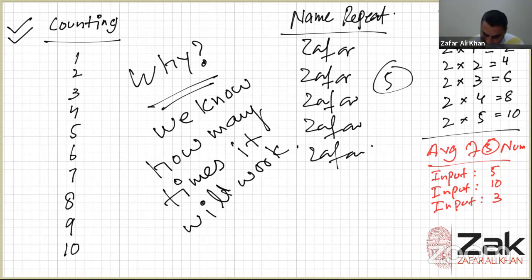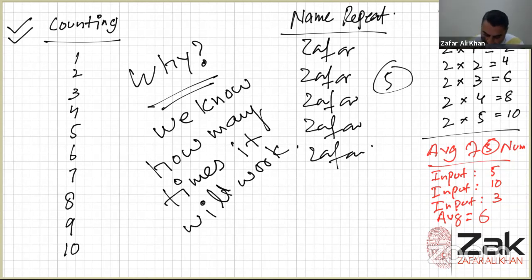So the system would say, these are 3 numbers, the total is 18. So what would be the average, Shahzada? 6. Divided by 3. Yes.